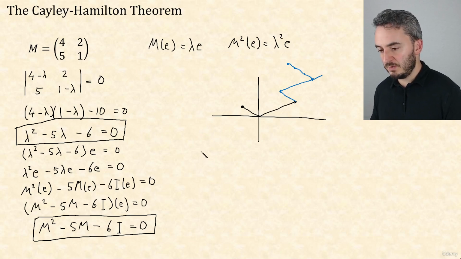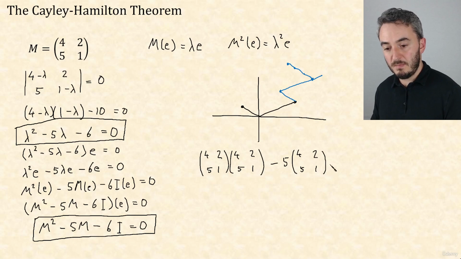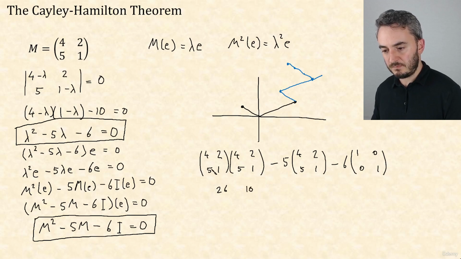So in this case, what is that? Well, it's m squared, which is 4251 squared, so 4251, minus 5 times m, so minus 5 lots of 4251, minus 6 times the identity, which is 1001, is apparently 0. Let's see. So in this one we get 16 plus 10 is 26. Then 8 plus 2 is 10. 20 plus 5 is 25.